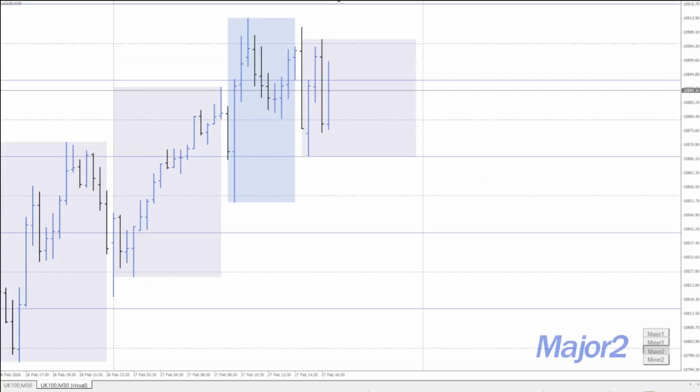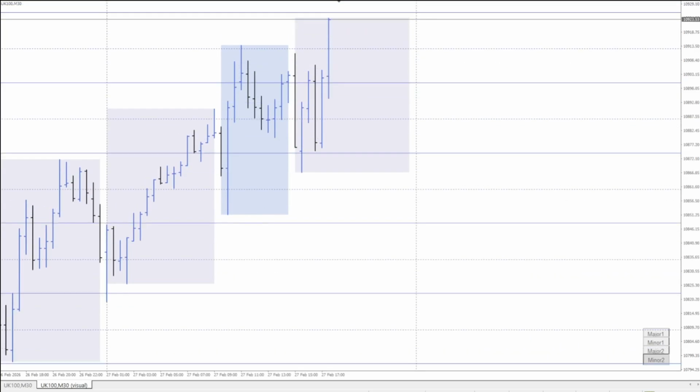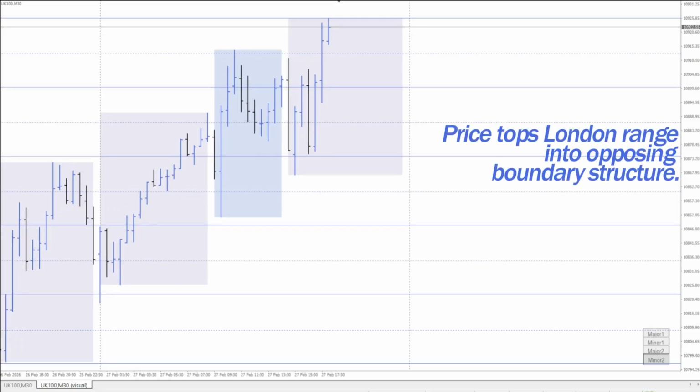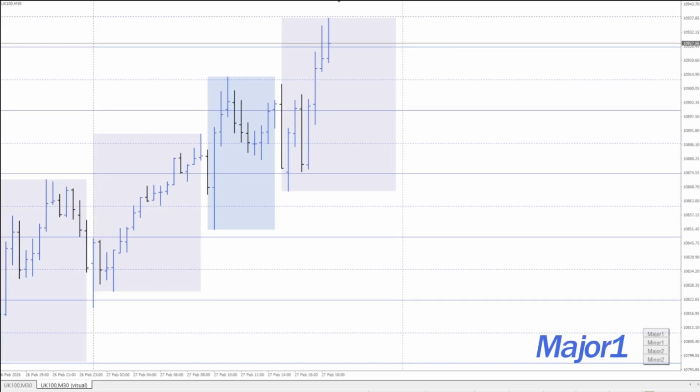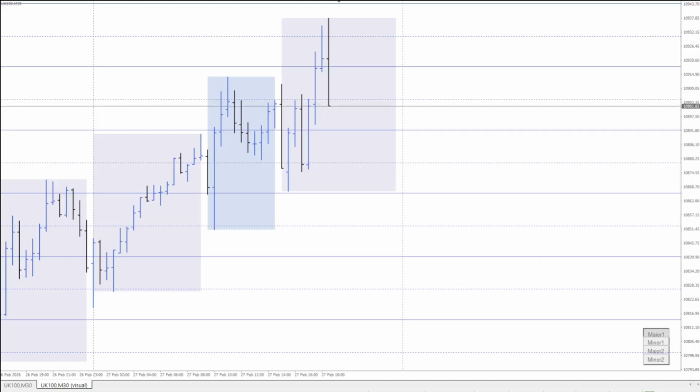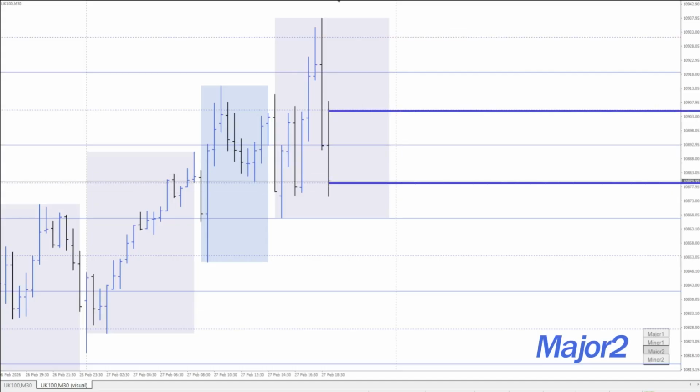A rotation again adds structure to the upside and tops out at the major 1 dotted boundary. Cascading into opposing structure follows with a continuation of the major 2 dotted, forming a low off the -2 solid and back into structure.